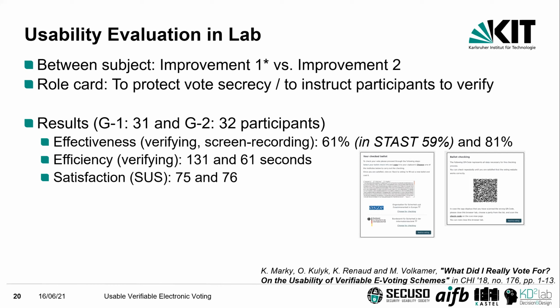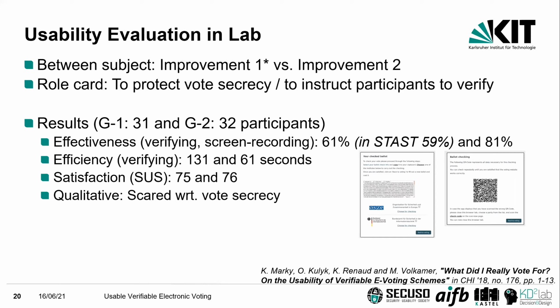Even 2 minutes to verify shouldn't be an issue. For satisfaction, there's a scale from 1 to 100, the System Usability Scale, SUS, and the systems reached quite similar values, which are not very good because the scale goes to 100. But given the explanation at the beginning, I think these are more than enough.